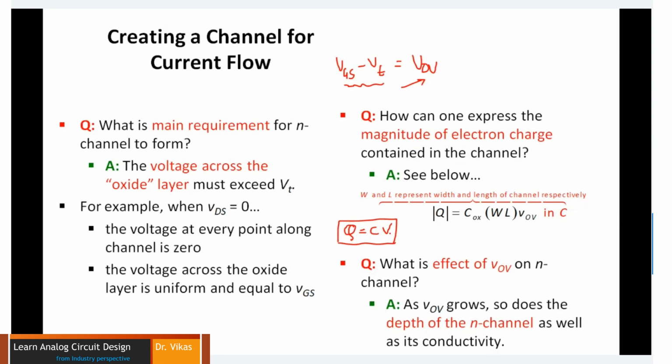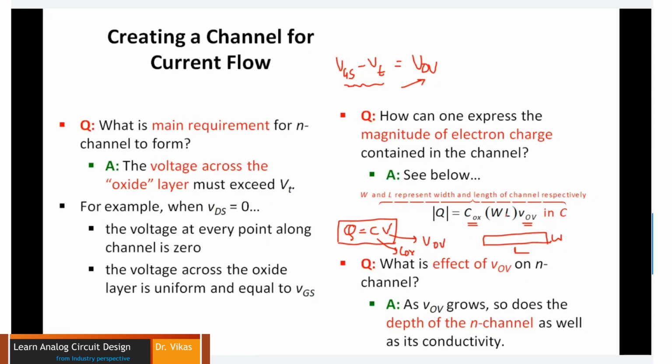Now here V represents my overdrive voltage, and C represents the oxide capacitance, Cox. This CV, or this charge, is flowing in an area represented by W times L, because the channel has a certain width and a certain length that denotes the area of the channel, and within this area the entire charge movement is happening, denoted by Q equal to CV times WL.